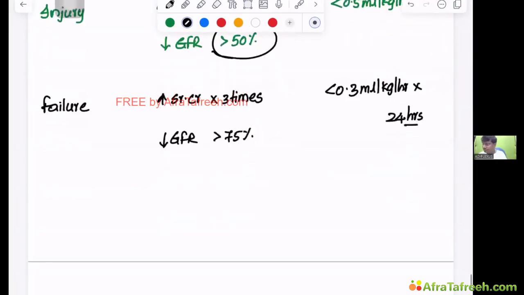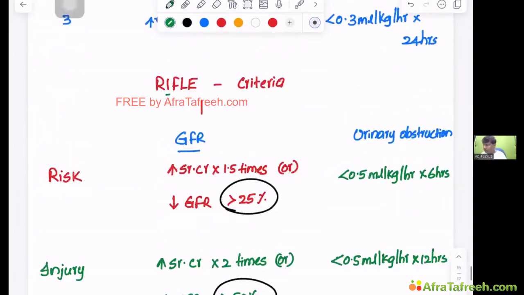Then you should know what all we have discussed: risk, injury, failure.